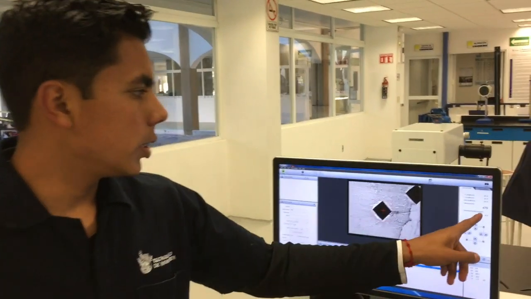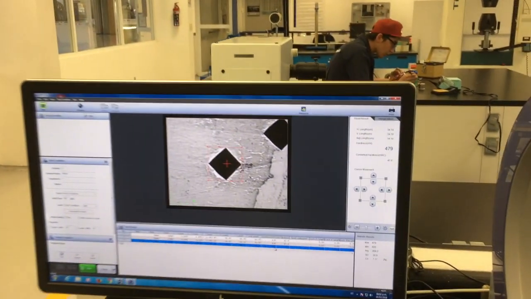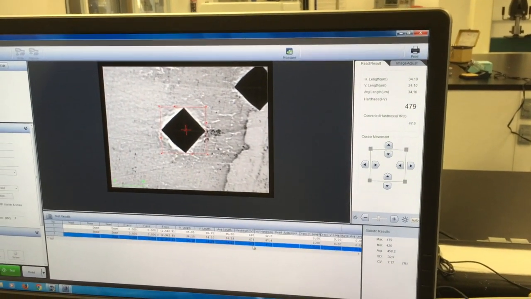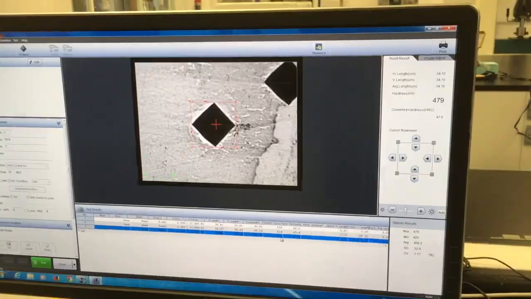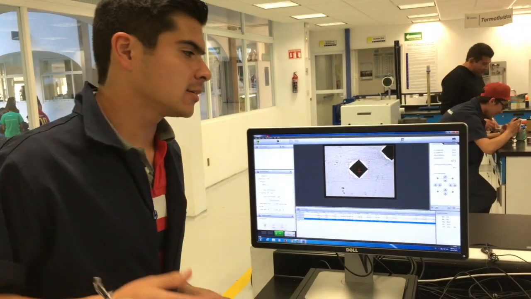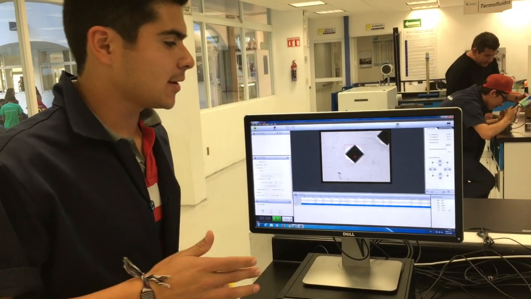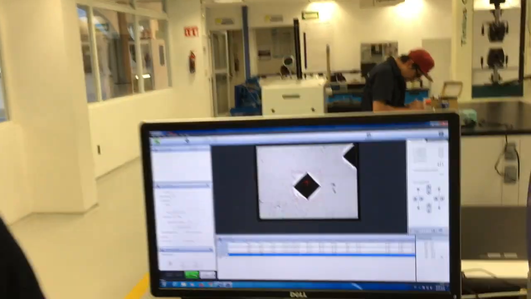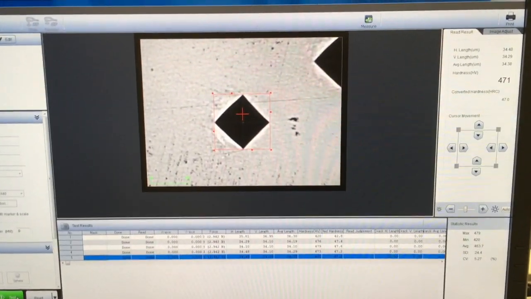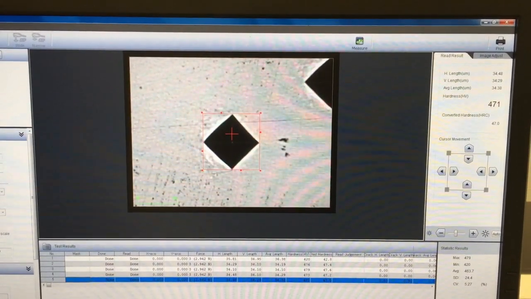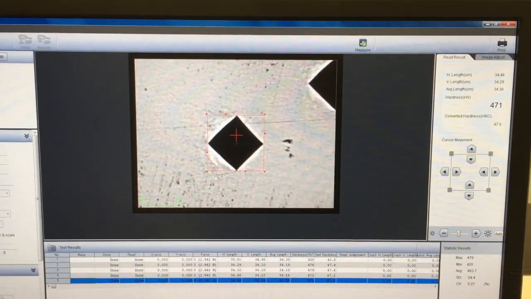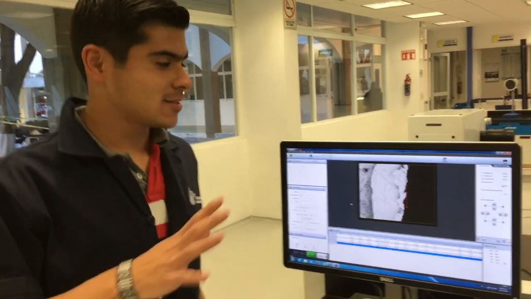As a reference from the first test, we can see that the hardness increases by like 50 units, like 59 units. In this test, we can show that the hardness is decreasing. I have the theory that if you go to the center of the piece, the hardness will decrease. In this case, we are going to analyze the second sample.